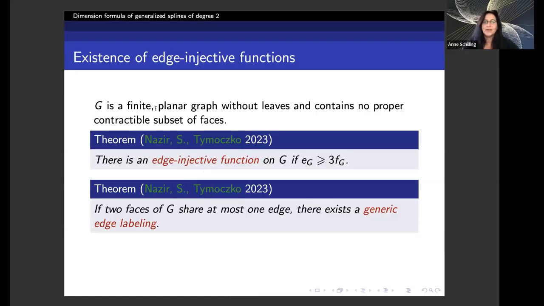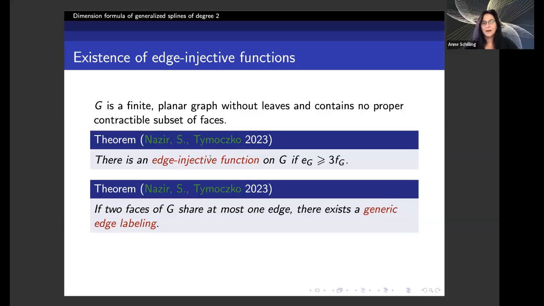For these results to hold, we assume that G is a finite planar graph without leaves. The leaves are easy to handle for the dimension formula. And I'm now assuming that the graph does not contain any proper contractible subset of faces, because if it did, we could contract down.